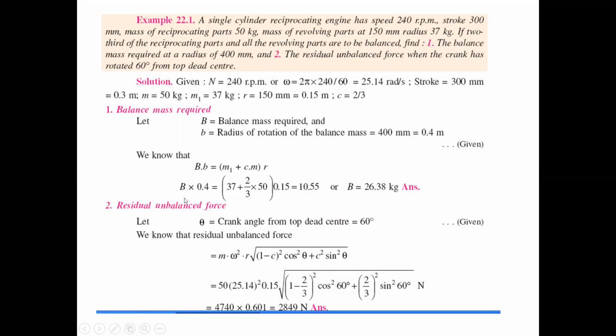Capital B is unknown, small b is 0.4, m1 is 37, c is two-thirds, small m is 50, r is 0.15. When we substitute the values in our equation, we simply get the unknown: capital B equals 26.38 kg. That is the first unknown value.